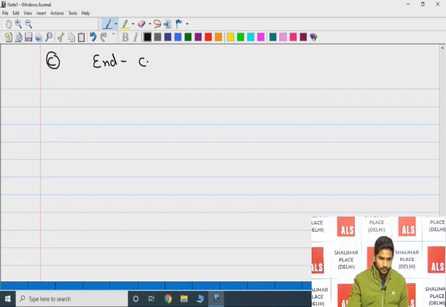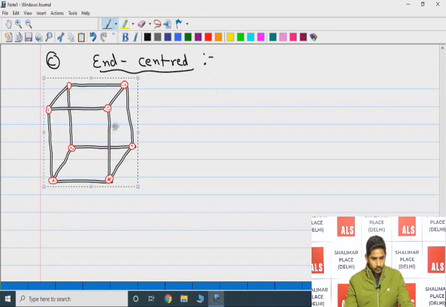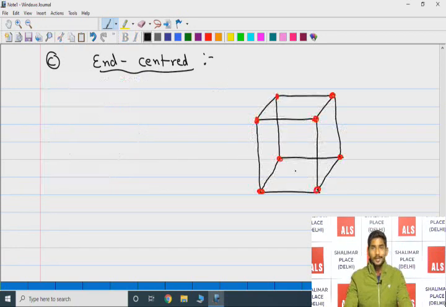End centered. In the end centered, we have atoms at the corners as well as at any two opposite faces. We can have only 3 possible combinations for any two opposite faces. You can choose any one, whether it is front back, top bottom, or left right. Like I am picking the top and bottom.